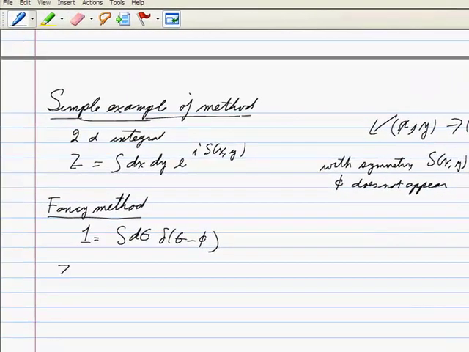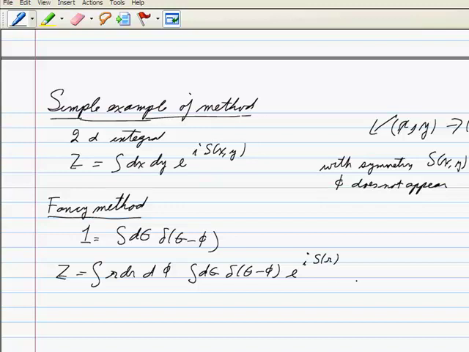So I write Z is the integral r dr d phi. I put in 1 is the integral d theta delta of theta minus phi, e to the i S of r.